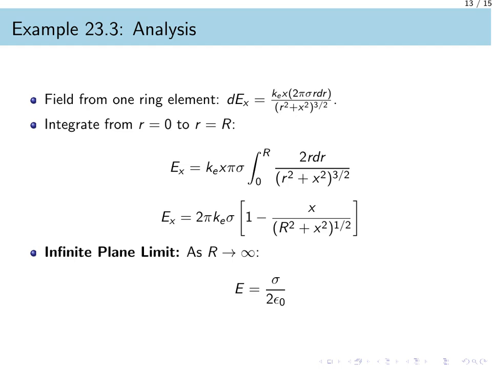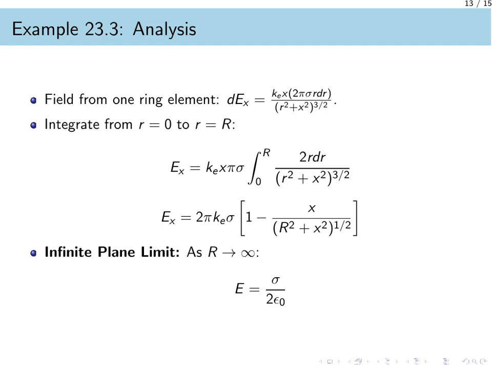We can take the electric field formula we derived for a single ring and substitute our new expression for dq to find the field contribution from just one thin ring element. To find the total field of the disk, we integrate this expression over all the rings, starting from a radius of 0 at the center out to the maximum radius, R. Evaluating this integral gives us the exact electric field for a finite charged disk.